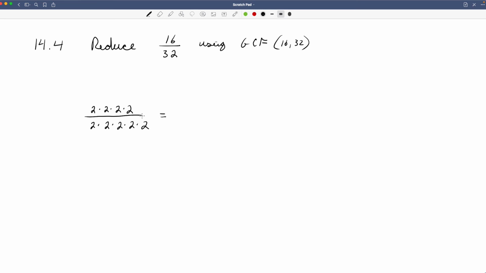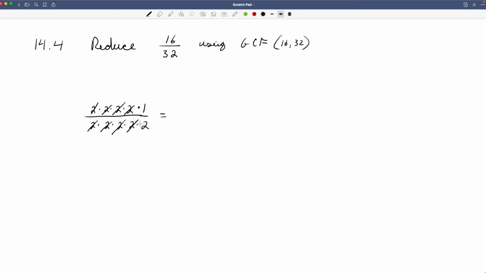So what we need to do is eliminate the common factors. So here's a pair of 2's, here's a pair of 2's, here's a pair of 2's, here's a pair of 2's, and that's it. Now, if we eliminate all of the factors in either the denominator or the numerator, you always have a remaining factor of 1, because anything times 1 remains the same.